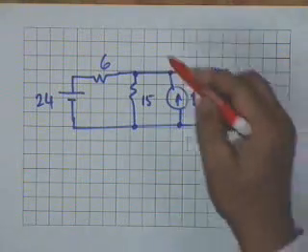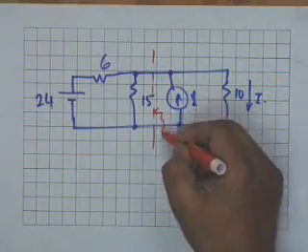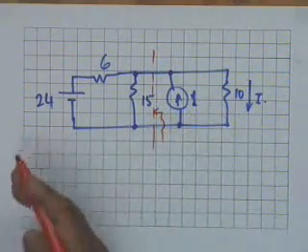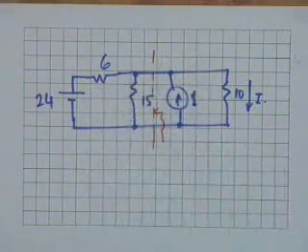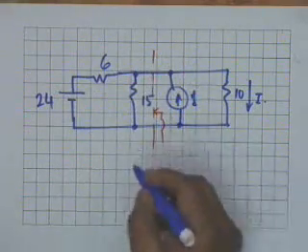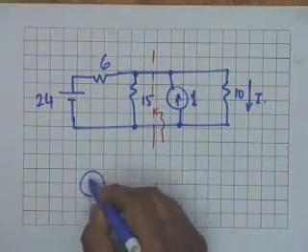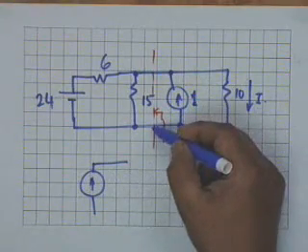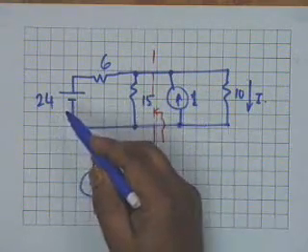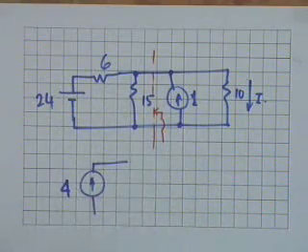If we apply Norton's theorem to the left of this line, that is the voltage source in series with a resistance, then in shunt with another resistance, you can easily see that if I short circuit these two terminals, the short circuit current would be 24 divided by 6, which is equal to 4 amperes.